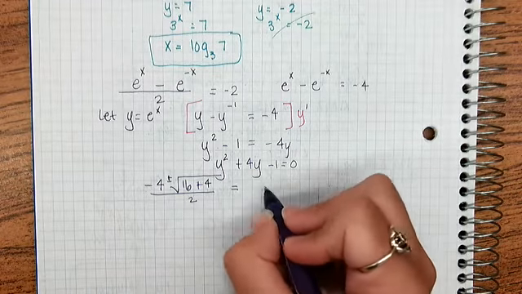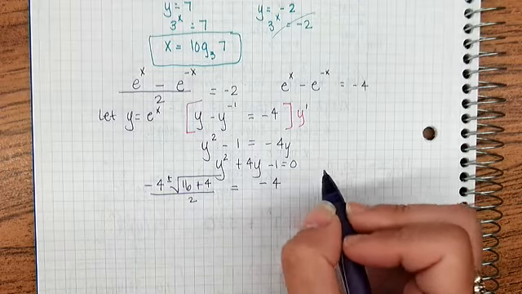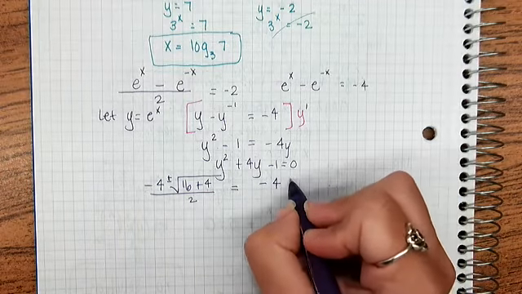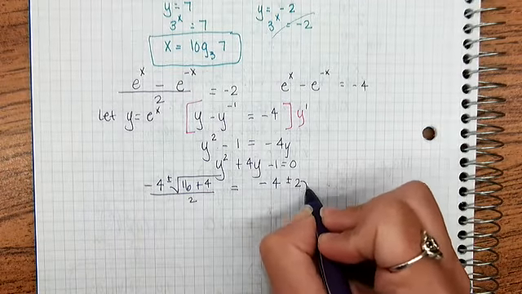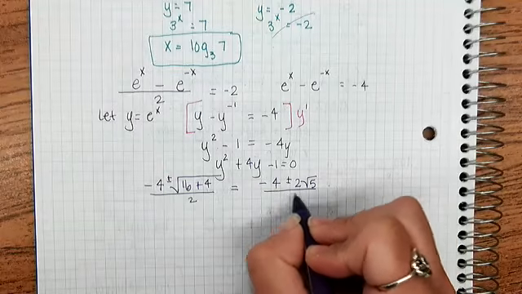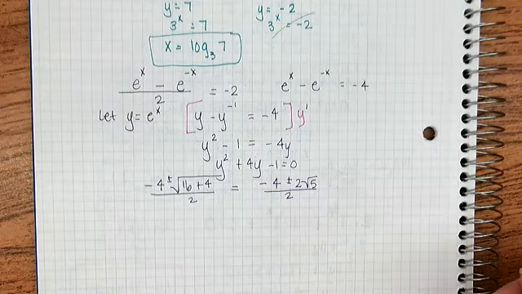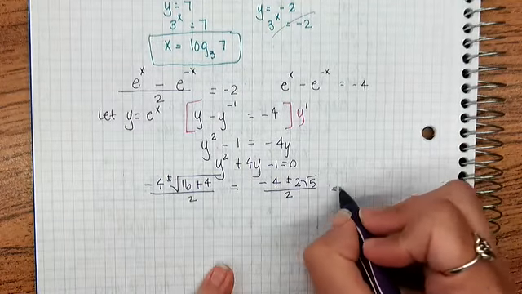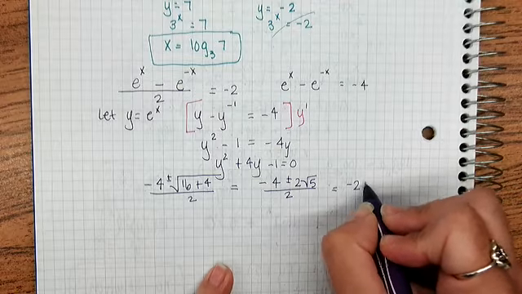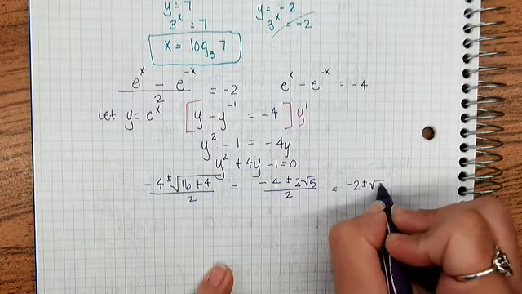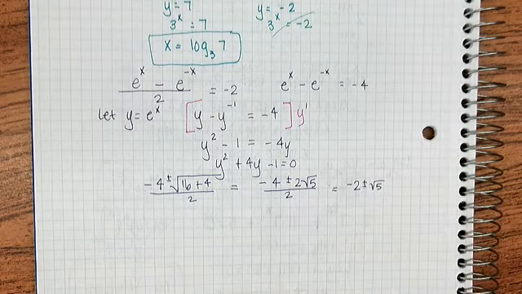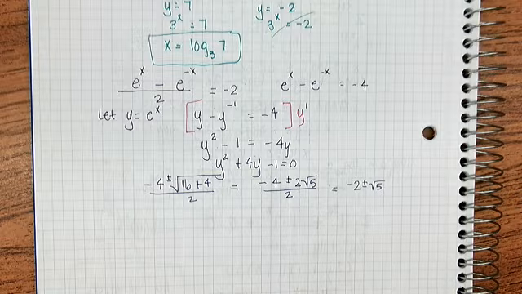So this is negative 4 plus or minus 2 root 5 over 2, which is negative 2 plus or minus root 5. Let's hope I didn't make a mistake on that. No one's here to correct me if I make a mistake. Ugh, I hope I didn't mess it up.